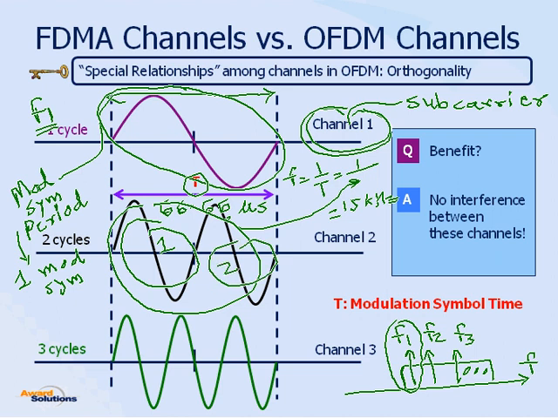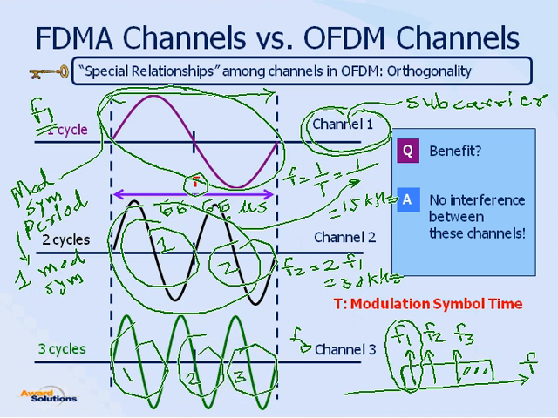So the frequency of the second subcarrier will be 2 times the first one, which is 30 kilohertz. Then for F3, we have 3 full cycles, so it will be 3 times the original frequency: 15 times 3, 45 kilohertz.